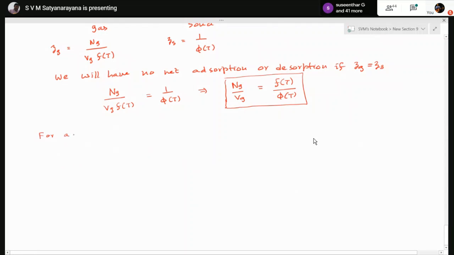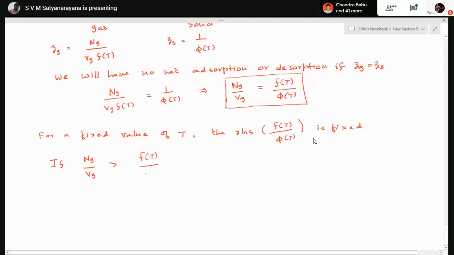For a fixed value of temperature, the right-hand side, namely this f of T by phi of T, is fixed. Now if the number density of the gas, Ng by Vg, is greater than this fixed value, f of T by phi of T, then what happens?